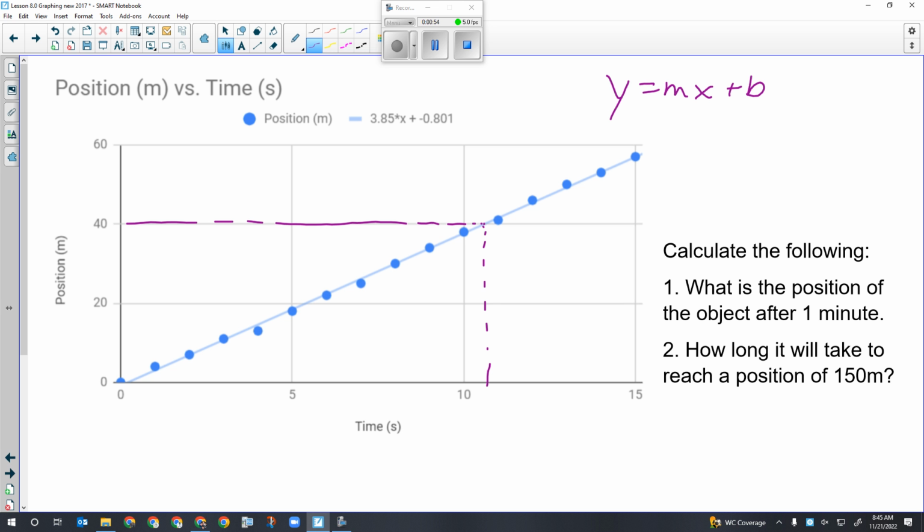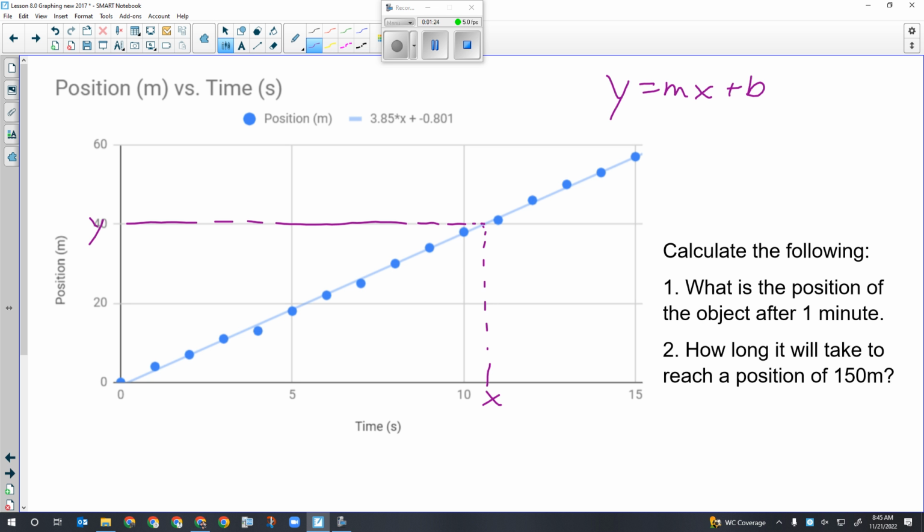Some of these points are clearly not centered on the line. Some look close, but probably none of them are directly on the line. So when you're using a y value or an x value, it's got to be from the line, not from one of the points that was plotted. Same with x: a spot on the line.